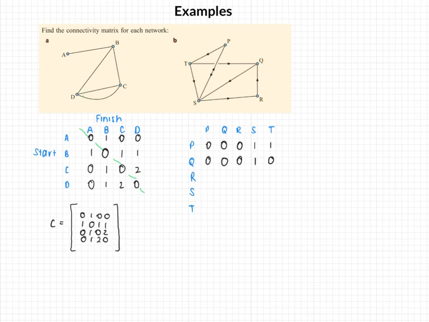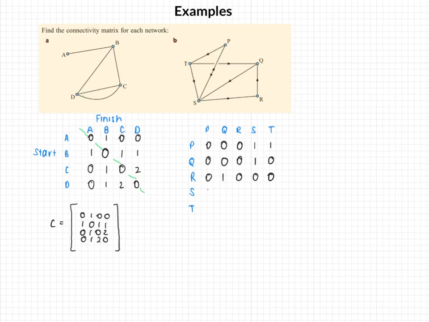So I'll keep following this process, and you can check at the end to make sure that I've got them correct. I usually say it out loud, so R to P, 0, R to Q, 1, R to R, 0, R to S, 0, R to T, 0.